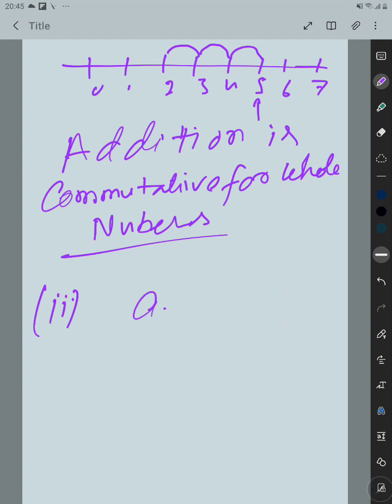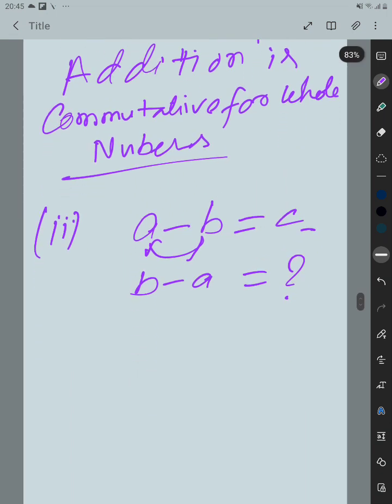If a minus b, where a and b are whole numbers, gives c, and if we interchange the positions, b minus a, will the result be c or something else? If it is c, then it is commutative for subtraction, and if it is not, then it is not commutative for subtraction. So let's take some examples.